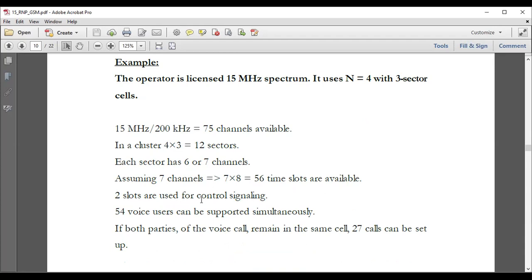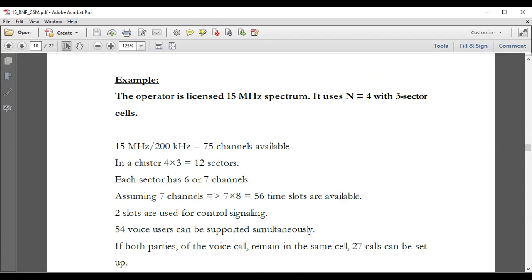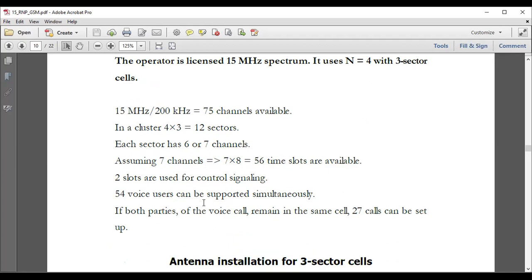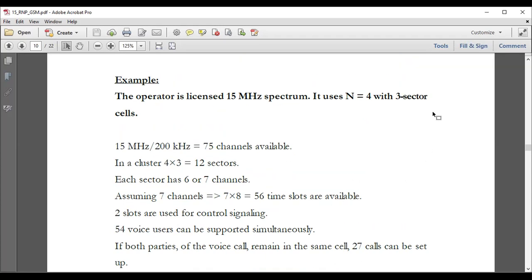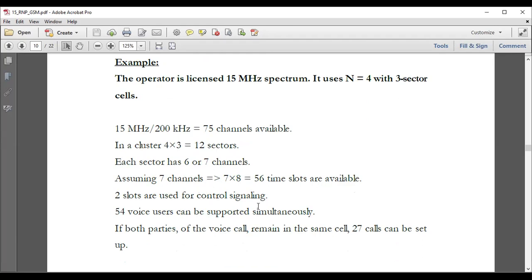So these are pretty common numbers in practical radio planning for 2G. Most commonly N is 4, and most commonly you have 3 sectors. Now you see that with 7 channels in a cell, you have 7 times 8, 56 time slots available.